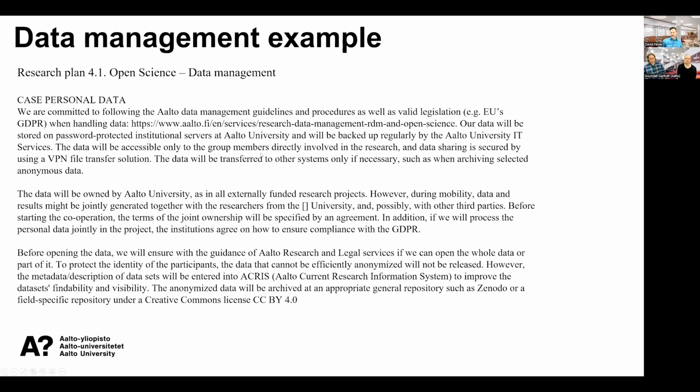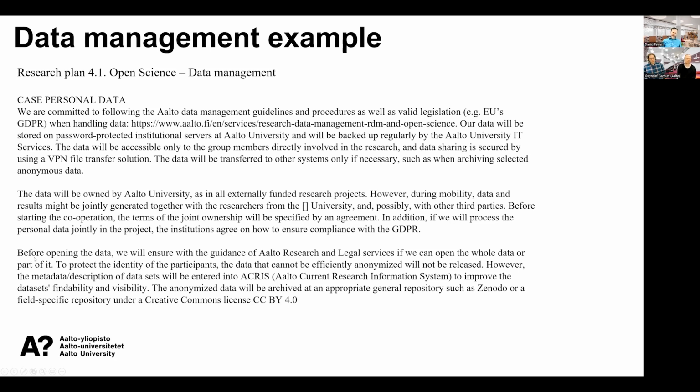It's only accessible to group members, and data is secured by VPN file transfer, and will only be transferred when archiving selected anonymized data. Here we indicate that Aalto University owns the data and what will happen during periods of mobility and third-party exchange. And here is a description of how mobility periods and cooperation will be taken into account and how this would affect compliance with GDPR.